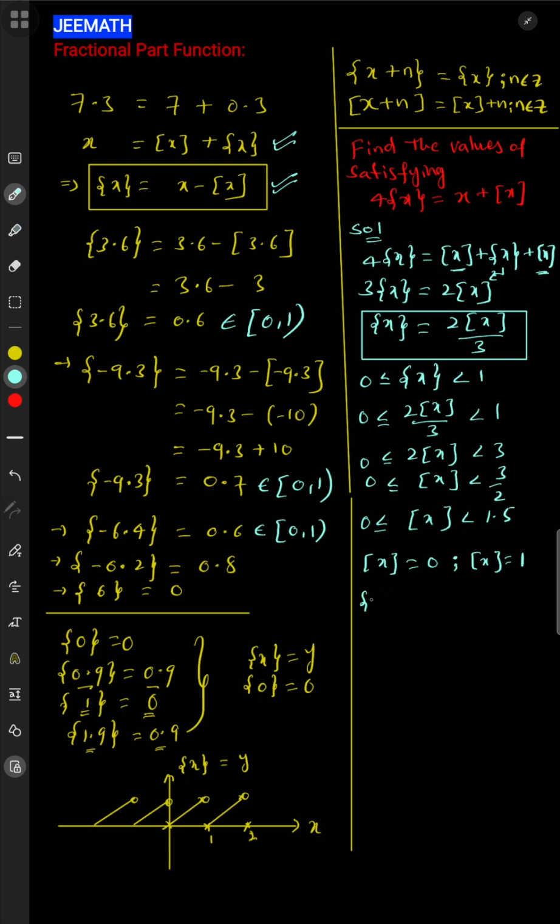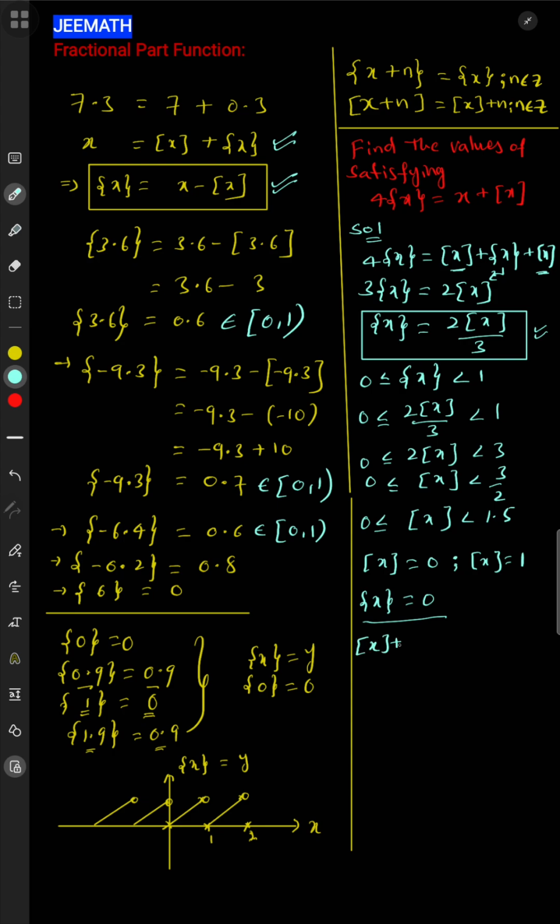Now what about the fractional part of x? The corresponding fractional part of x is equal to what? From this equation you can write the corresponding fractional part of x. Write 0 in place of x. Step of 0 is 0 only. Okay, so adding them, what do we get? Step x plus fractional part of x is equal to 0.